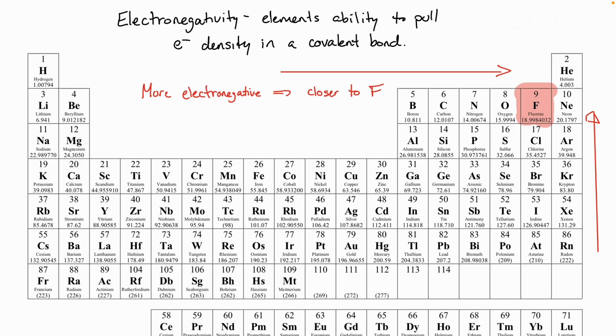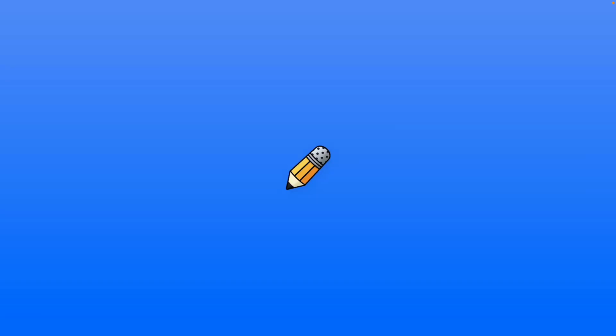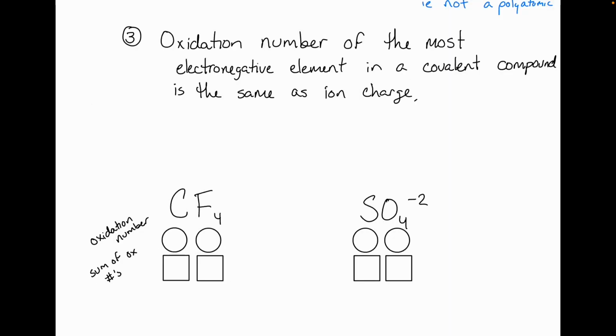So we had this compound, CF4. That's a covalent compound, right? Two nonmetals. But I can tell my oxidation number of the most electronegative element in that compound because it's going to be the same as its charge if it was an ion.